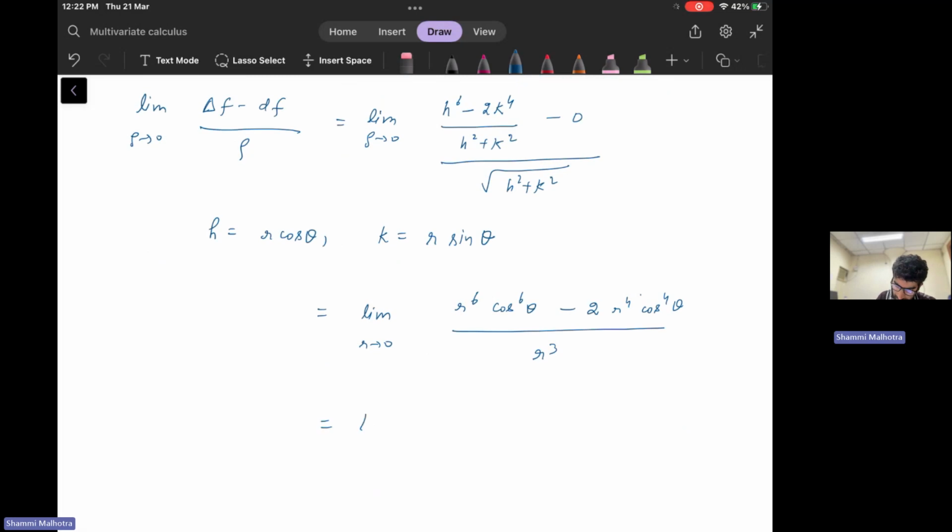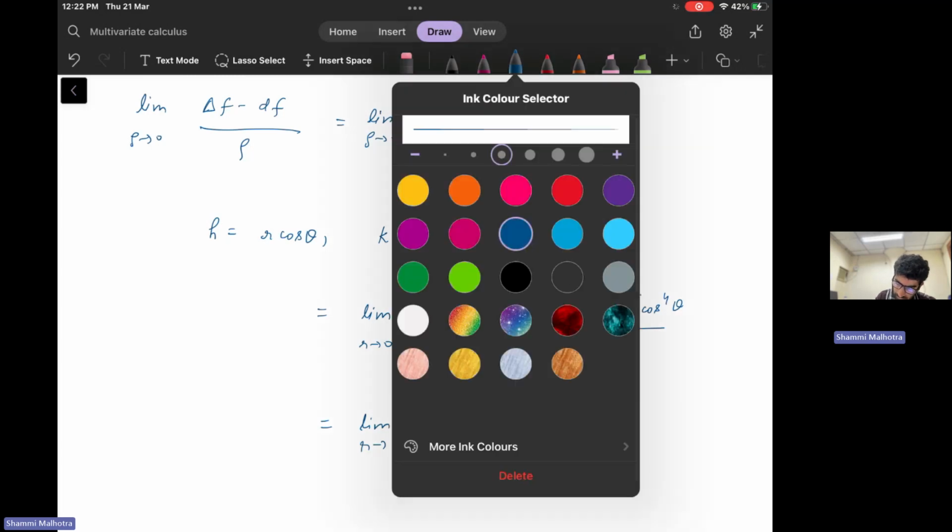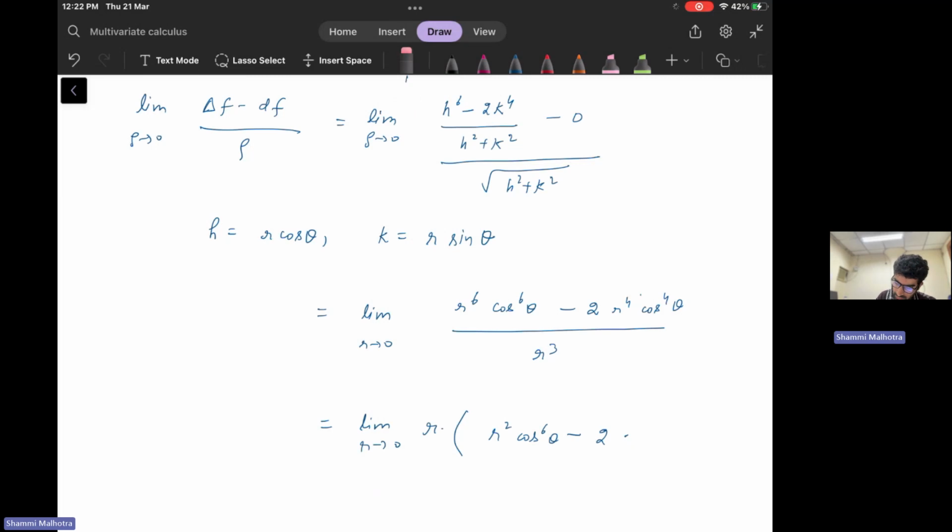So this will be the limit as r tends to 0 of r cubed cos 6 theta minus twice of, oh sorry, again another typo here, this is sine 4 theta.